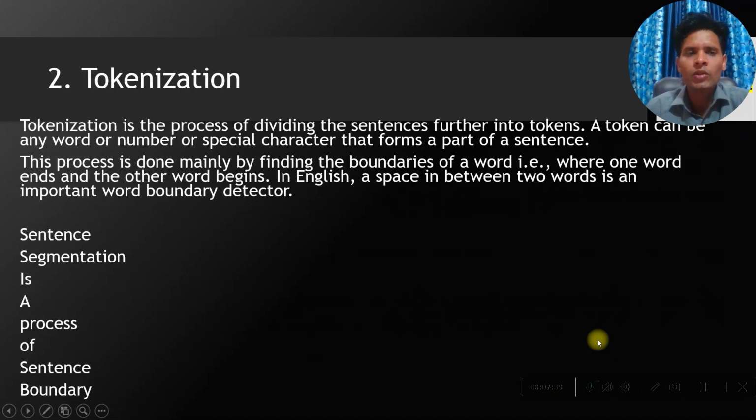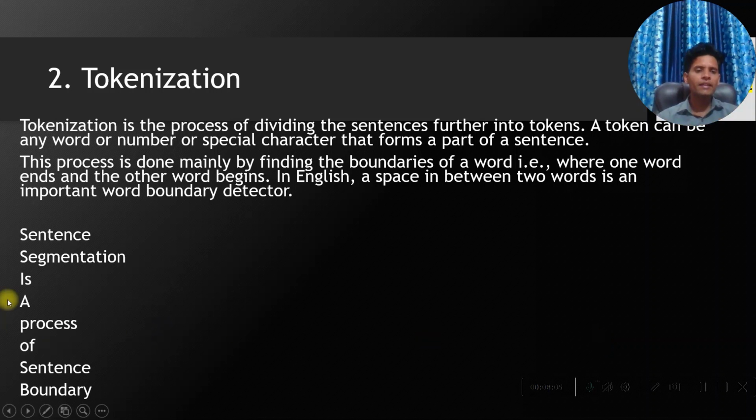Next is tokenization. Tokenization is the process of dividing the sentence further into tokens. Earlier, paragraph to sentence; now sentence to words. This is done mainly by finding the boundaries of a word, where one word ends and another begins. The whole sentence is now divided into different words.